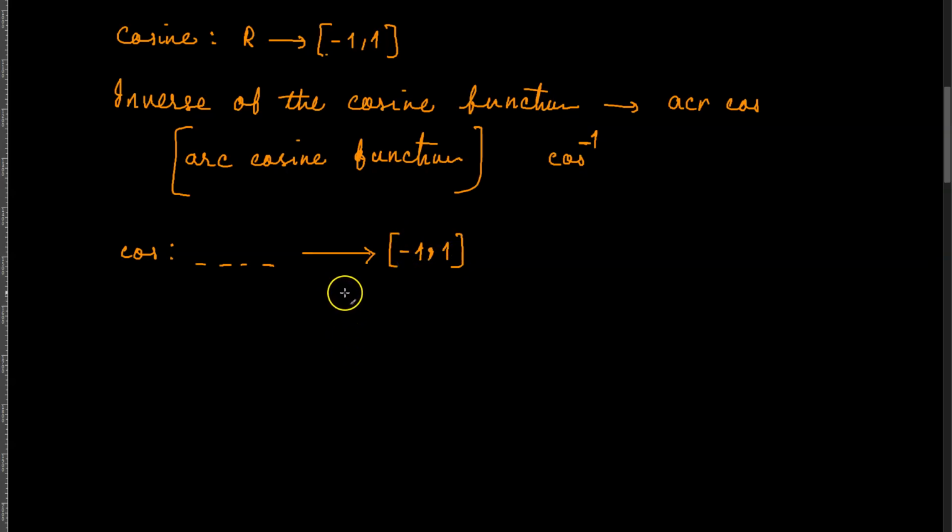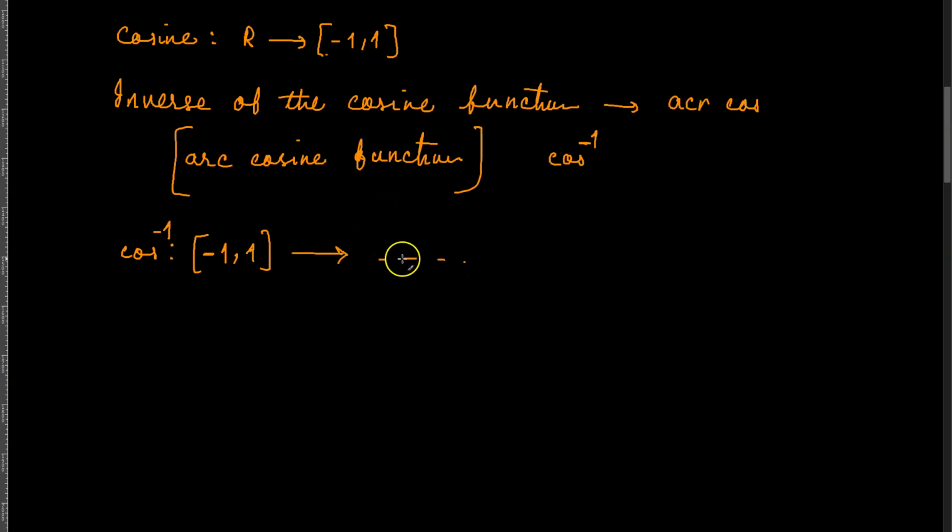So the cos inverse function is a function whose domain has to be this one, -1, 1, and then I have to map this to some interval here.